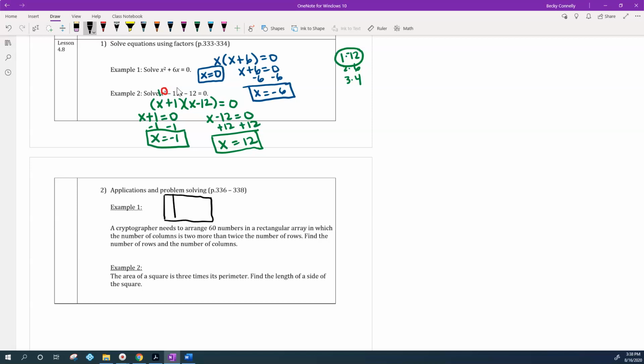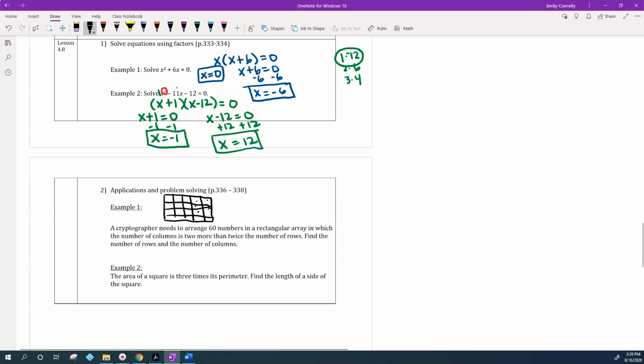An array has columns and rows, and they need 60 of them here. I don't have 60 of them, but that's what they need. In a rectangular array in which the number of columns is 2 more than twice the number of rows, find the number of rows and the number of columns.